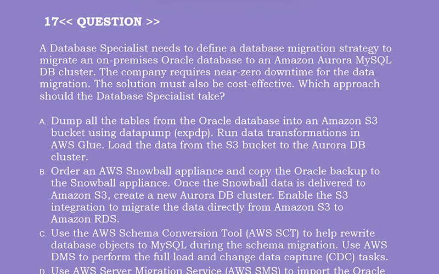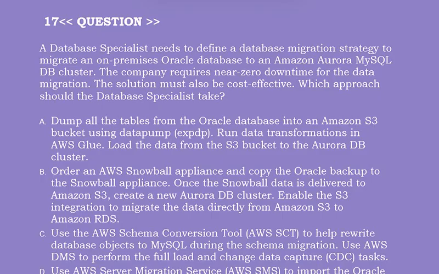Option B, order an AWS Snowball appliance and copy the Oracle backup to the Snowball appliance. Once the Snowball data is delivered to Amazon S3, create a new Aurora DB cluster. Enable S3 integration to migrate the data directly from Amazon S3 to Amazon RDS.